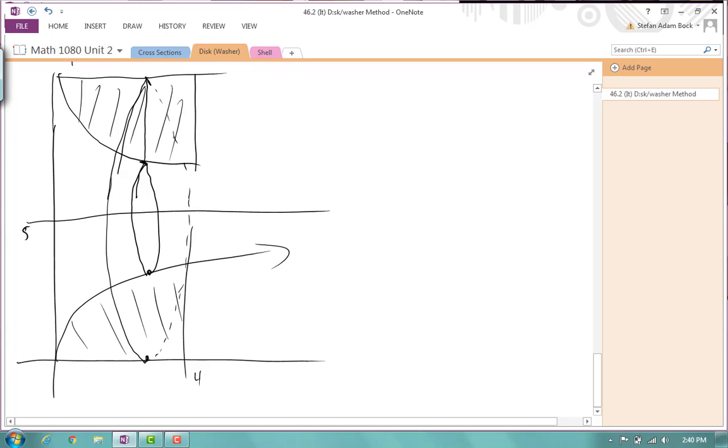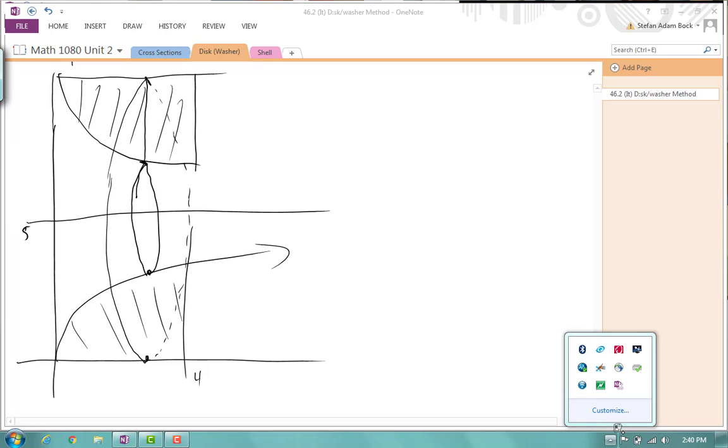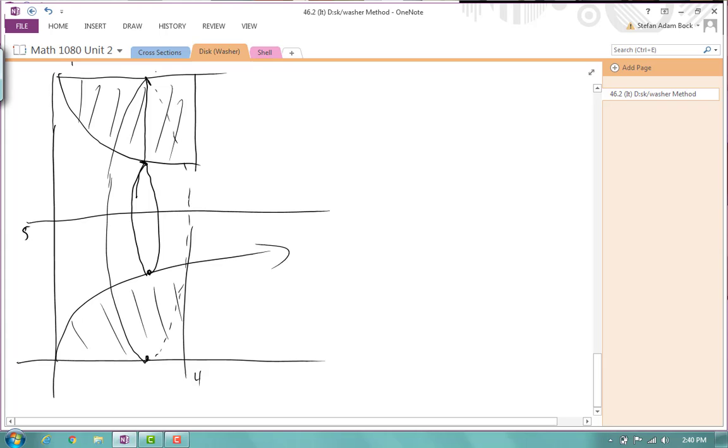So each of my cross sections look like hollow rings. And how do I deal with the area of those hollow rings? Well, I take the area of the bigger one and subtract the area of the smaller one. So I'm going to need to know the inner radius and the outer radius.